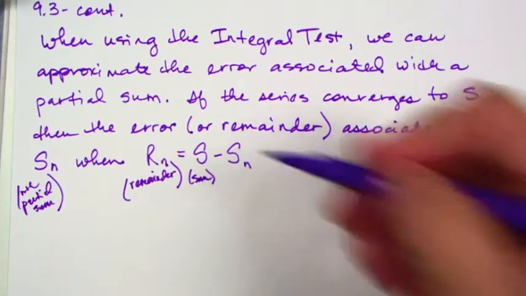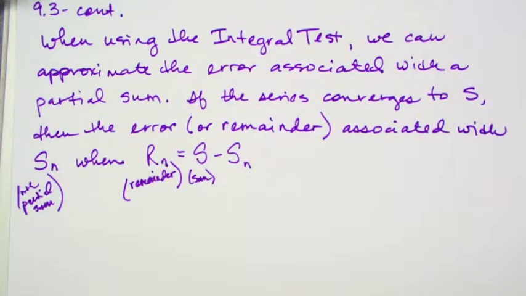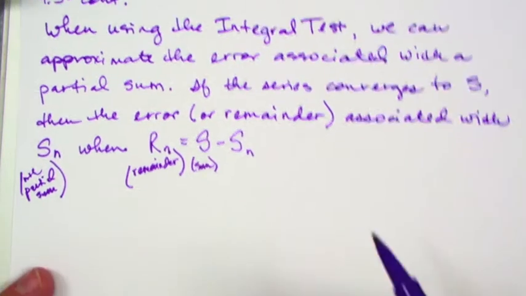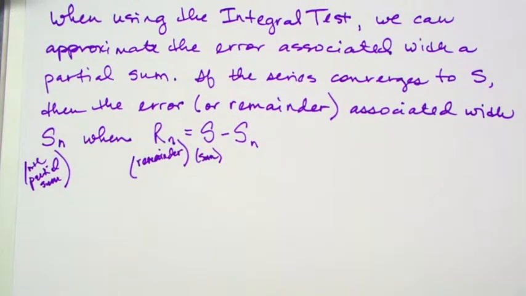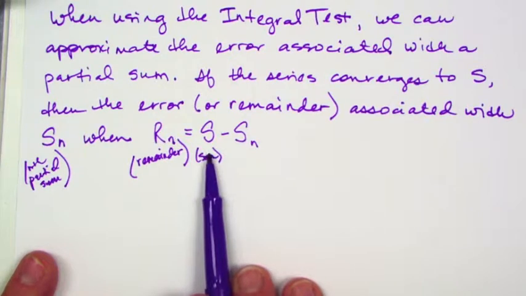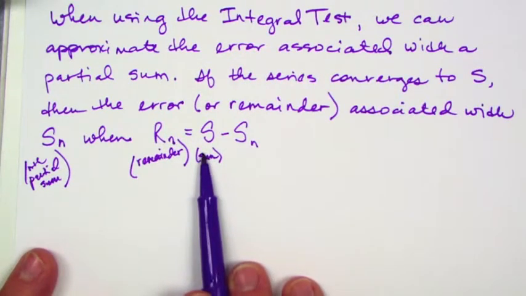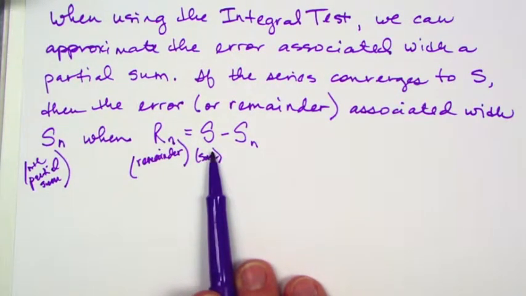Not that I can figure out what it is, but I'm going to be able to find out a range. And then S sub n, again, is that nth partial sum. So really what we're saying is this. If you take the actual sum and you subtract your nth partial sum, then whatever's left is your remainder, which we call the error. Does that make sense if you think about it?